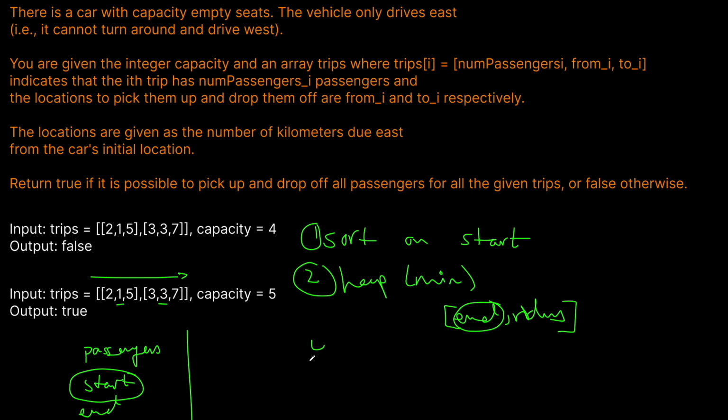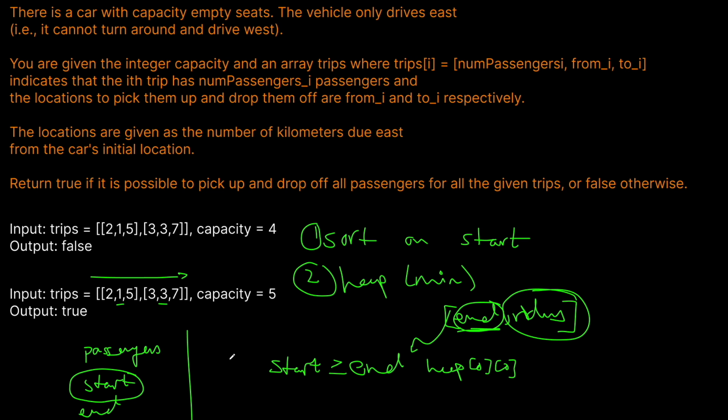So that's what we're going to have in our heap. We want to compare if the start is greater than or equal to whatever the end is, which comes from our heap, so this is going to be heap[0][0]. If that's true, then we can add back the amount of riders that should have gotten off at this end back to our capacity, as we did in the example.